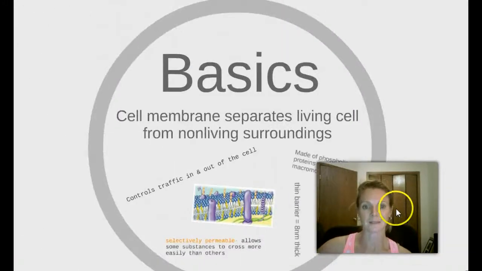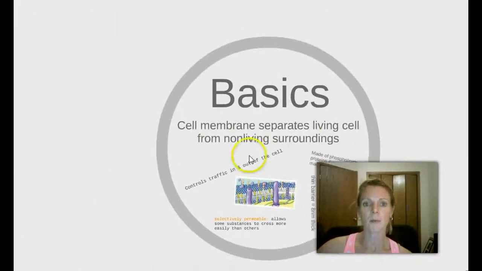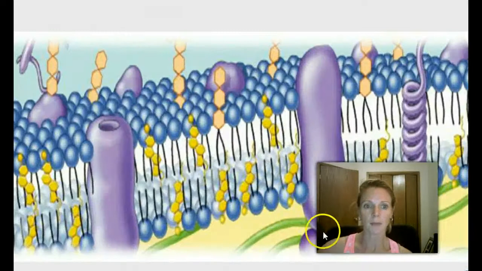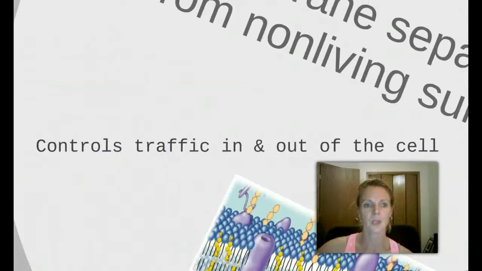So, the basics, okay? The basics are the cell membrane separates the living cell from non-living surroundings. Seems pretty basic, right? Okay, well, let's go into that a little bit further. Again, another picture of the phospholipid bilayer with the lovely proteins, and we'll talk about that function, but I'm just giving you some visuals so you guys know what we're talking about. Okay, it controls traffic in and out of the cell.